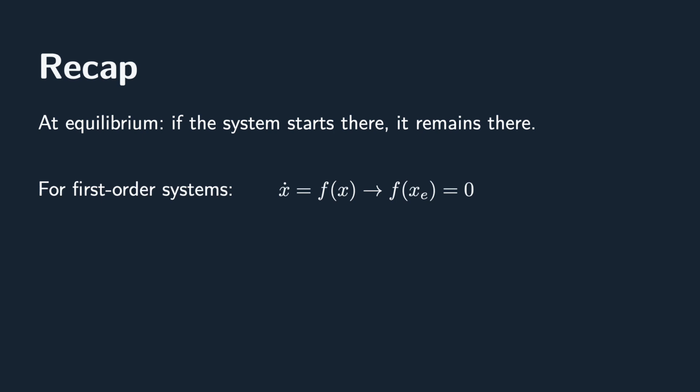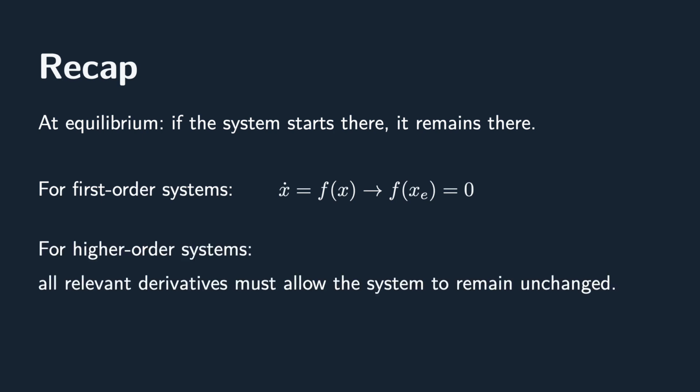The same underlying idea applies to higher-order systems. As we saw with the pendulum, zero velocity at one instant is not enough. For a fixed equilibrium, the relevant derivatives must be zero, so the system can remain there. In the pendulum example, that means zero angular velocity and zero angular acceleration.